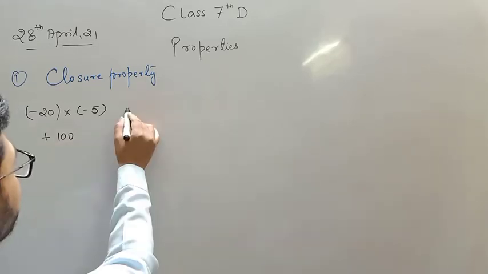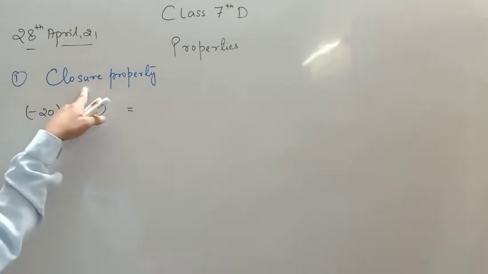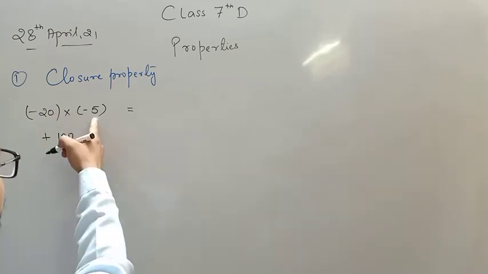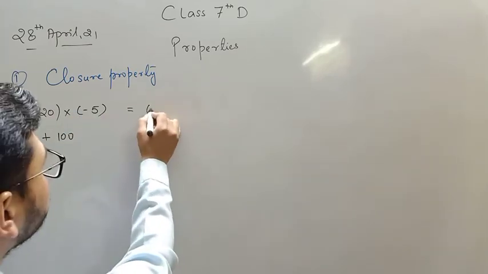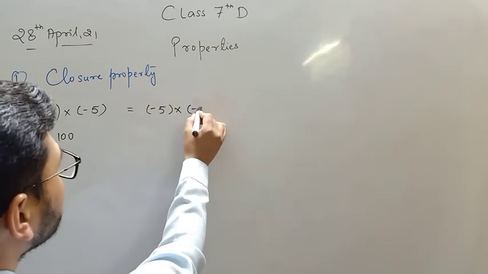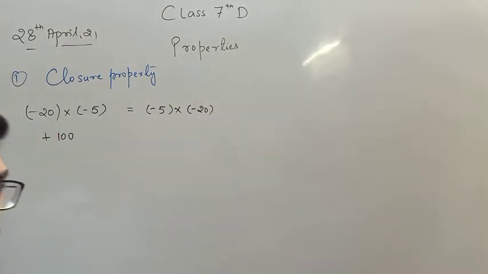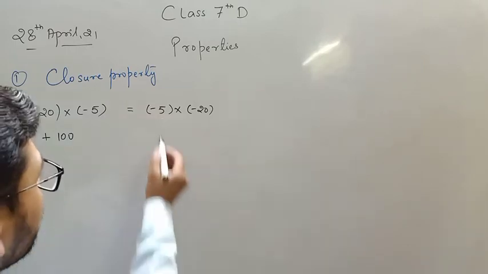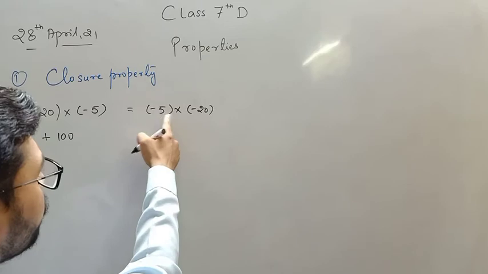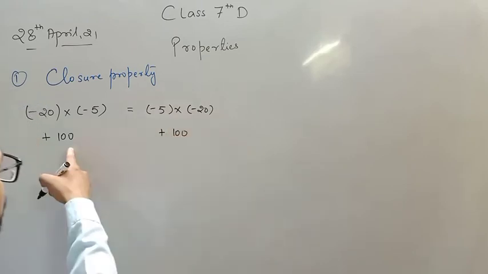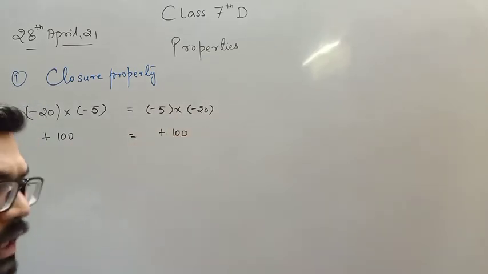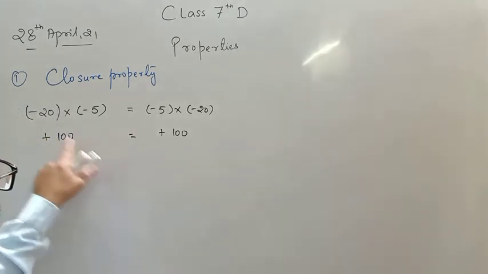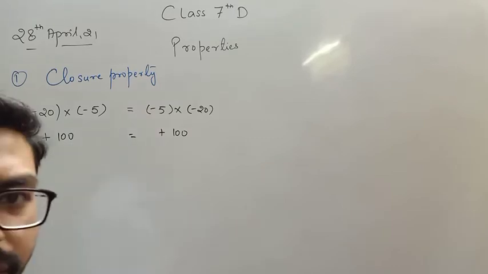Now in the RHS, what closure property says is, if you interchange the position of these integers, let's say now I'm writing -5 first, and then I am writing -20. Do you think you will get the same result or not? Let's check. Minus minus plus, 5 20s are 100. So you can say LHS equals RHS, or the answer is the same, or the answer doesn't depend on the position of the integers, right?